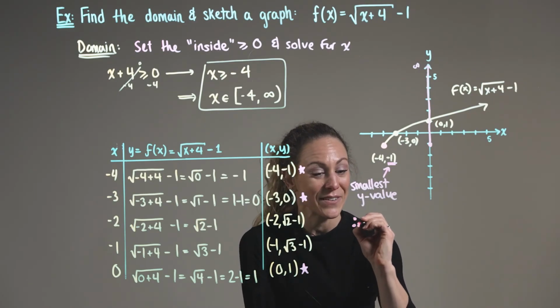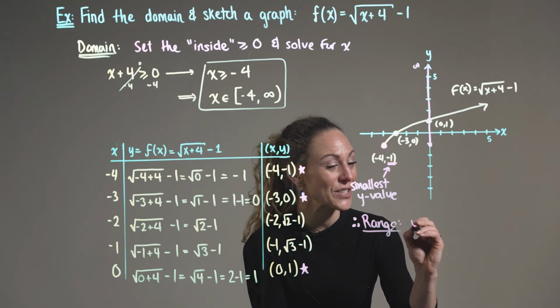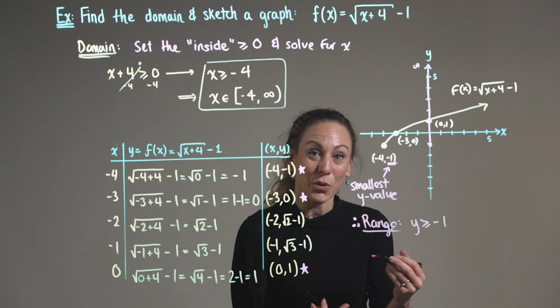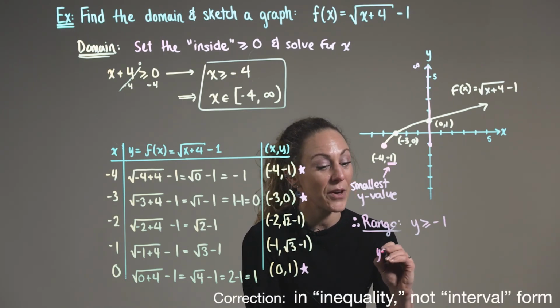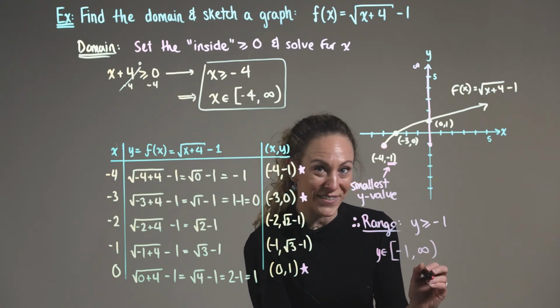So therefore, for our range, we can say that y is greater than or equal to negative 1. Or writing this in its corresponding interval form, we have that y is an element of the interval from negative 1 to positive infinity.